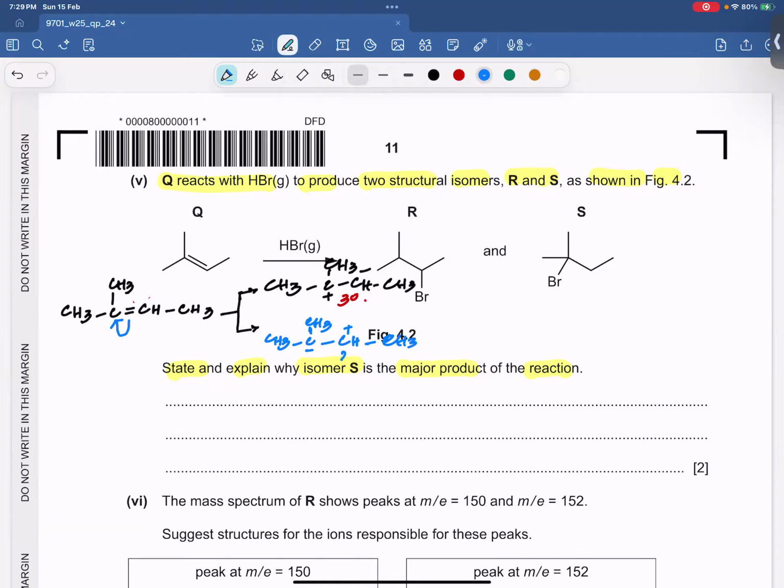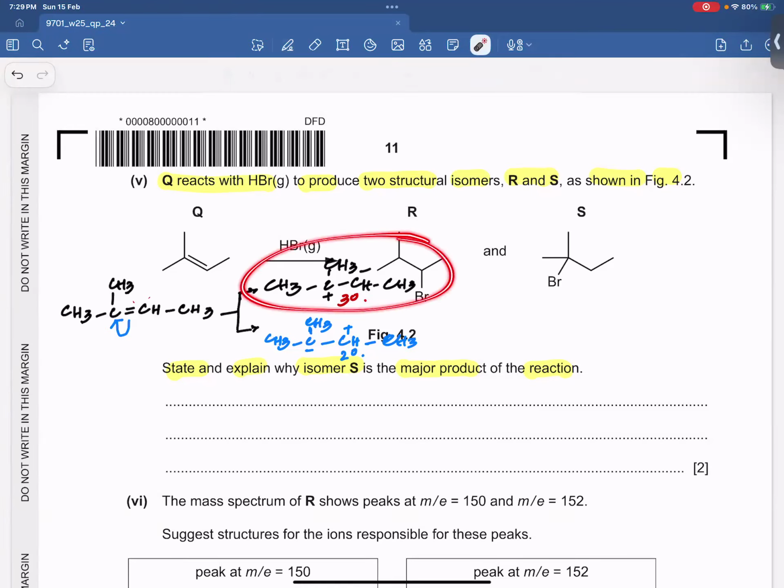And obviously, this is going to be a 2-degree carbocation because carbon with a positive charge has one hydrogen atom, okay? So 3-degree is more stable than 2-degree, which is why the reaction follows the 3-degree carbocation according to Markovnikov rule. That will give you the major product, okay? Which is why S will give you the major product.